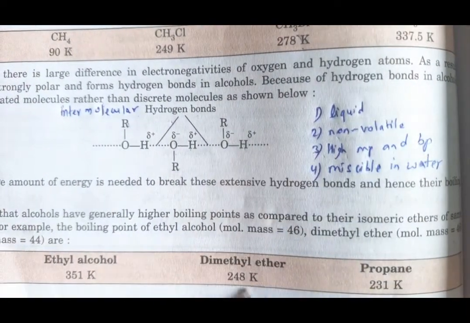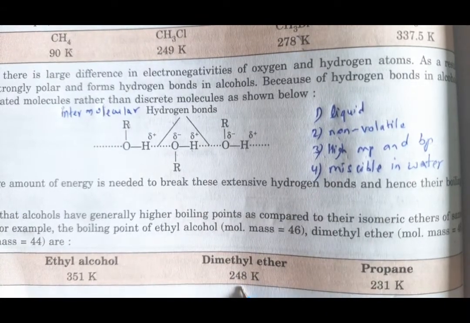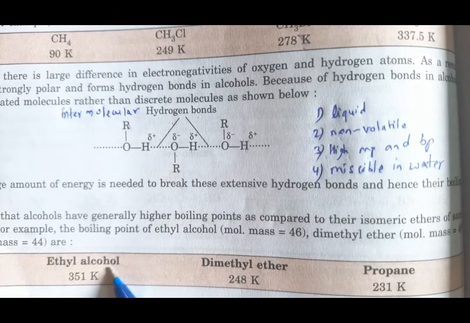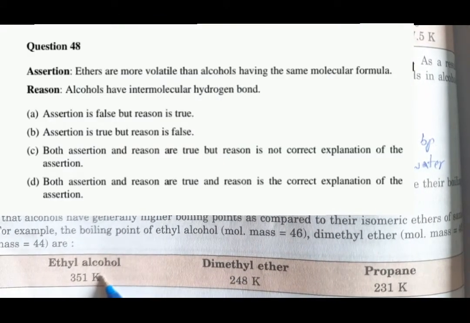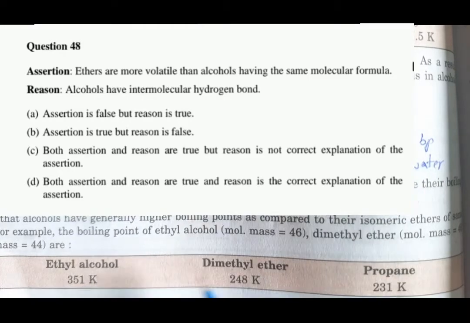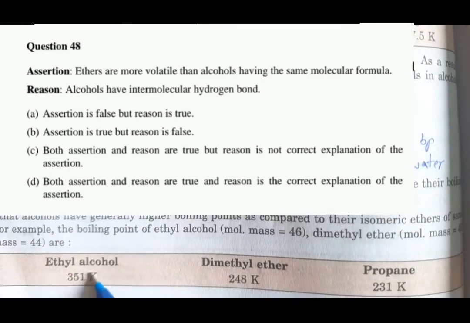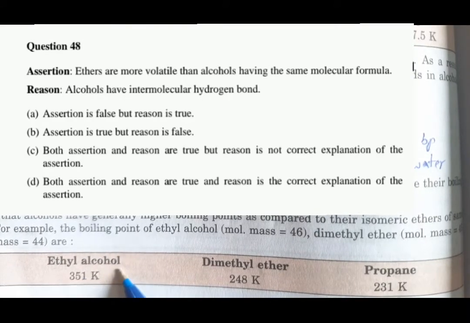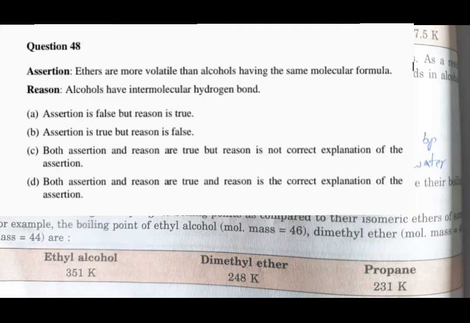Dimethyl ether does not show it, so it is volatile. One is liquid, the other is gas. One has high melting and boiling points, the other has low melting and boiling points. One is miscible in water, the other is not. Why? Because this shows intermolecular hydrogen bonding, this does not. So to remember, one question has come from here, students, somewhat like this.